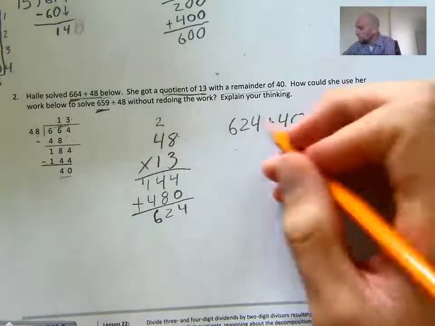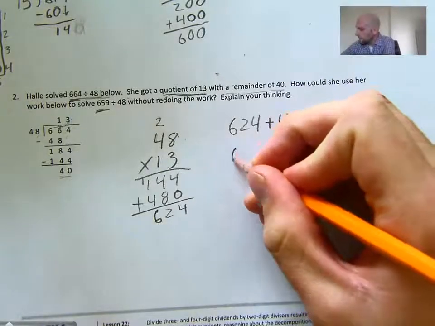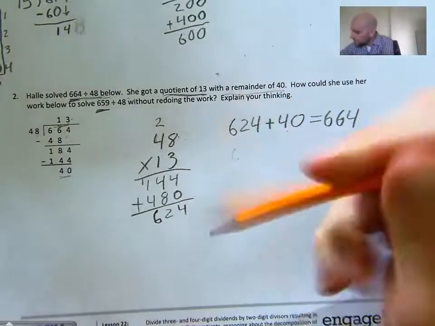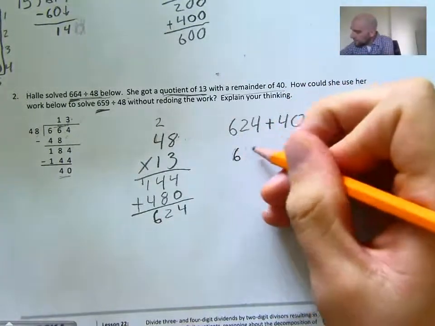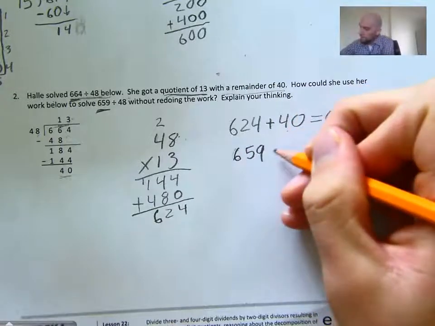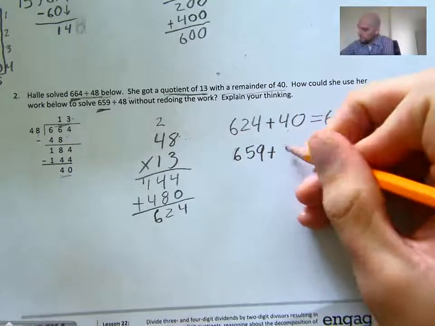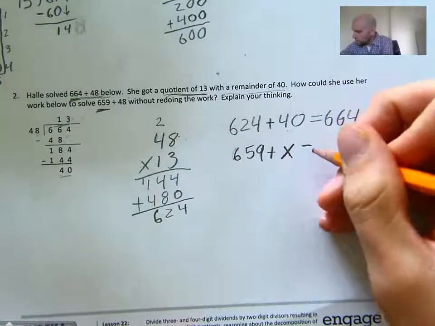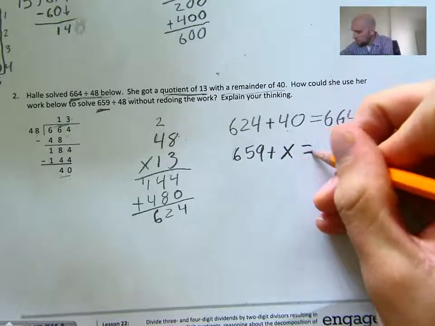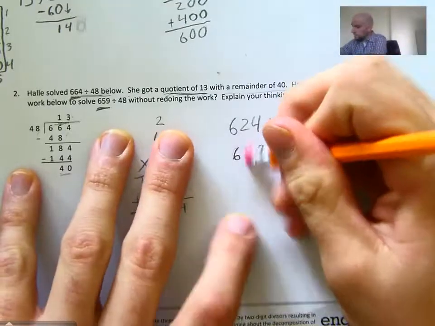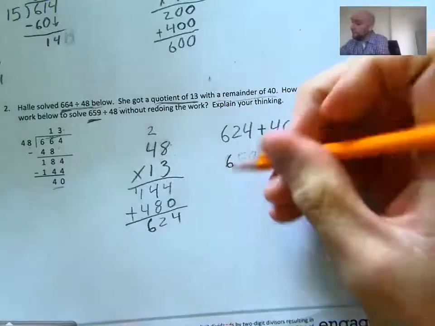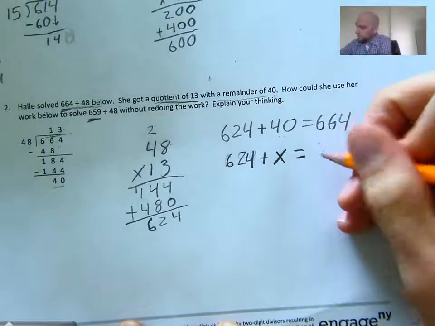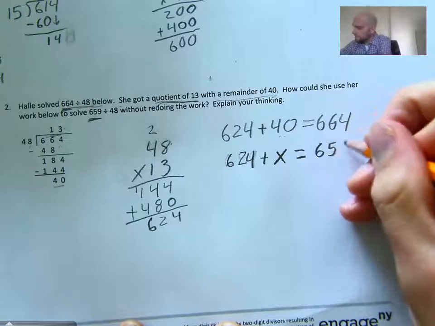So what we'll do is 624 plus a number, x, is 659.